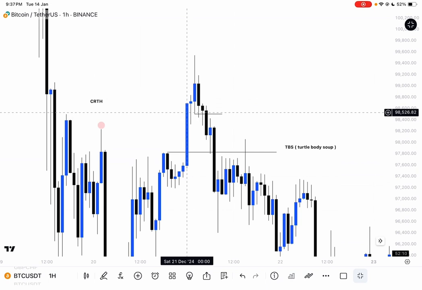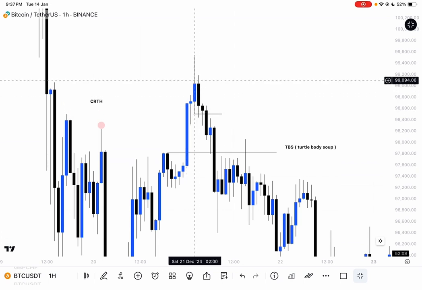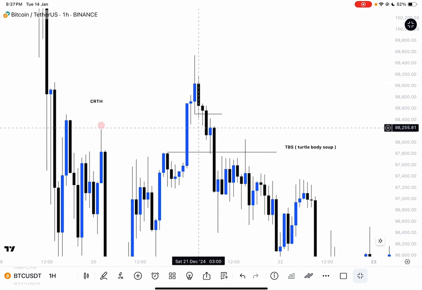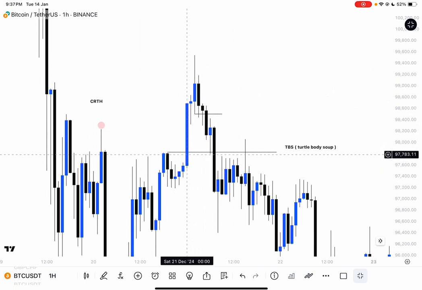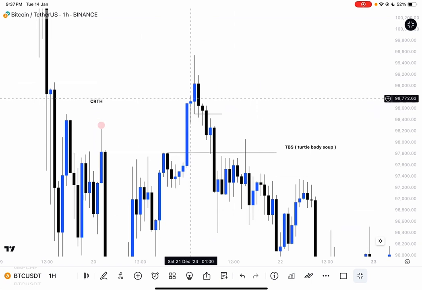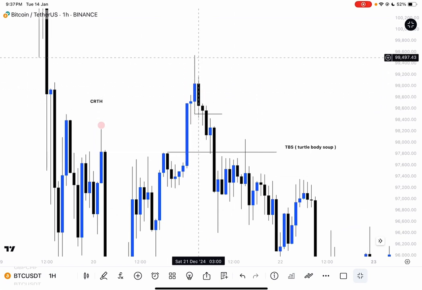But in this scenario again two more candles have formed. If a scenario like this happens after the TBS candle has formed, and again 2 or 3, 4 or 5 candles form, we need to choose a thick candle for our model 1. Only a thick candle will be considered a valid A plus model 1 candle.